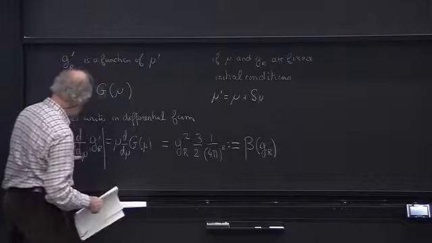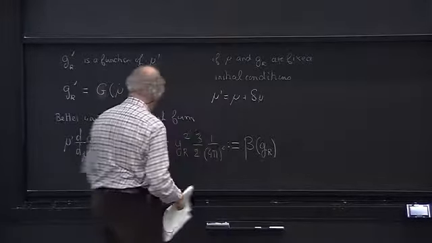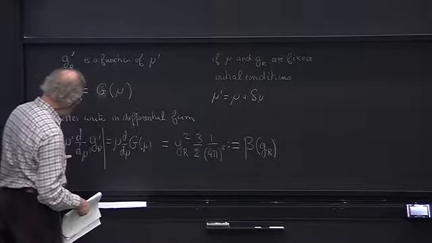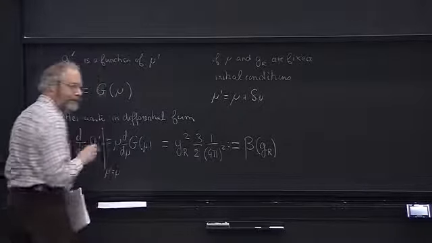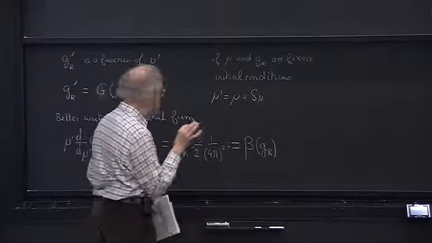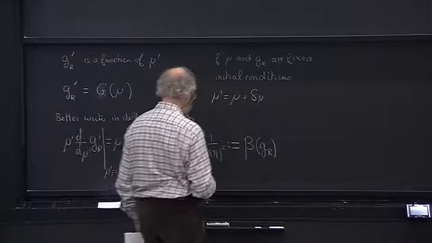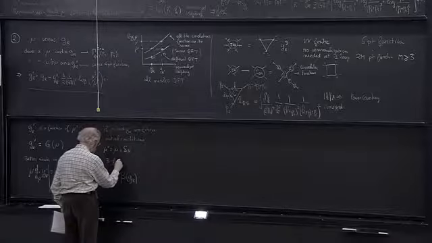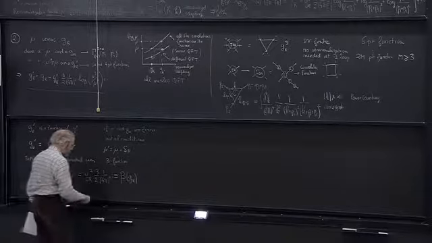Here I am making a variation when mu prime is mu plus delta mu. So I'm making a derivative, and then at the end, I fix mu prime equal mu. I'm just making an infinitesimal variation. So by definition, this is called the beta function. So take it as a definition.